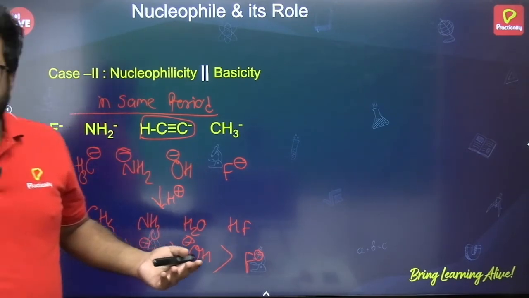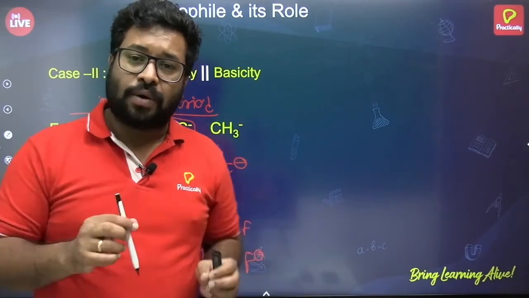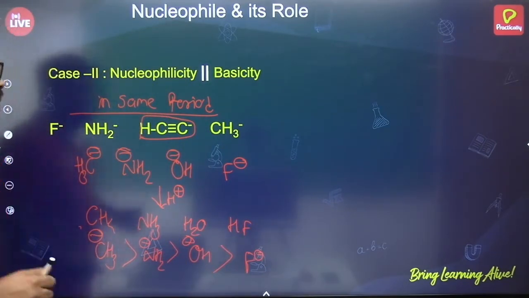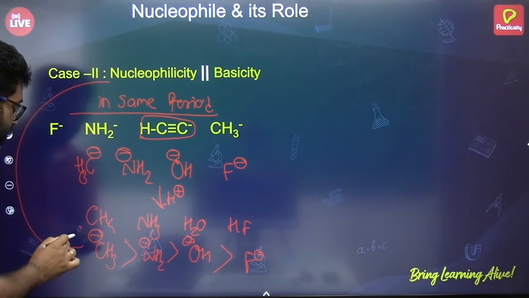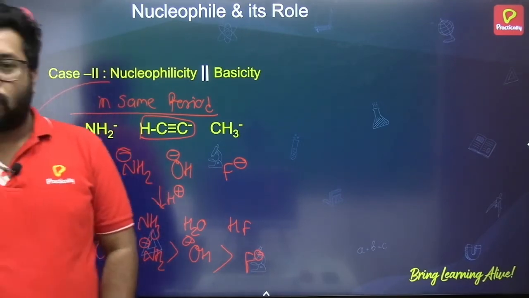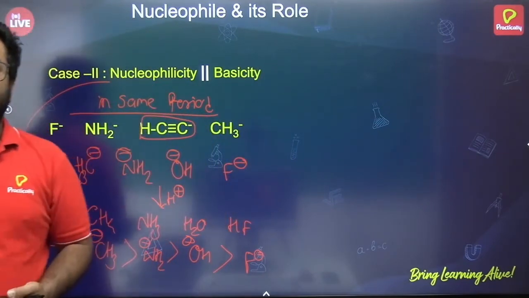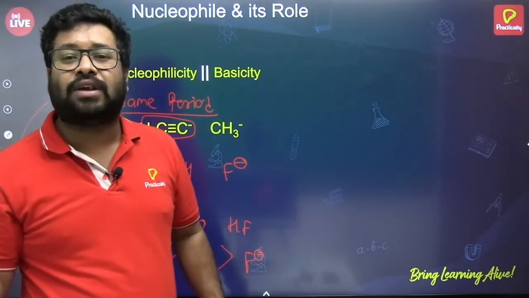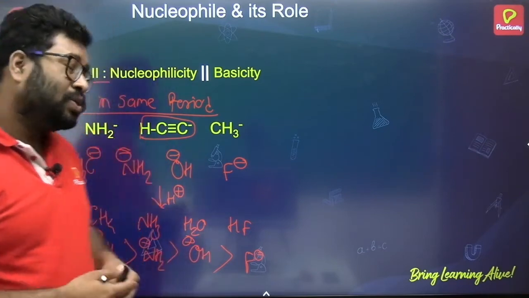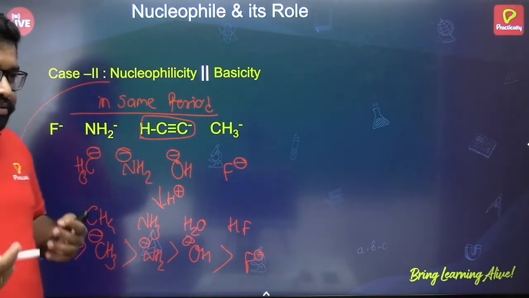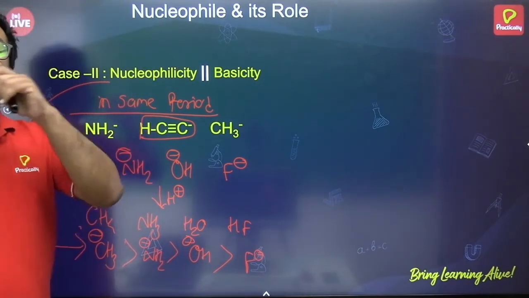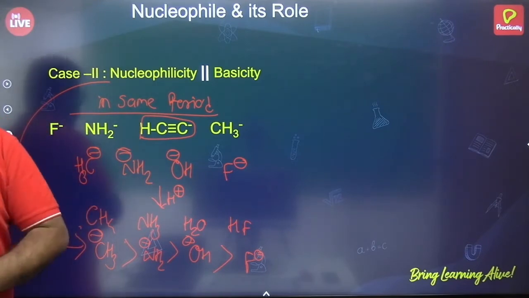And why not? So the same order is also applicable for nucleophilicity. And that is obviously because carbon would definitely prefer to attack another carbon. So whenever you're talking about groups present in the same period, nucleophilicity parallels the basicity.